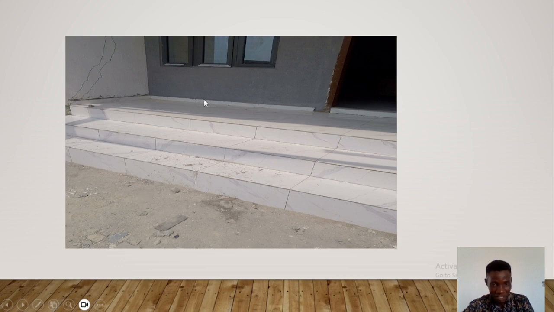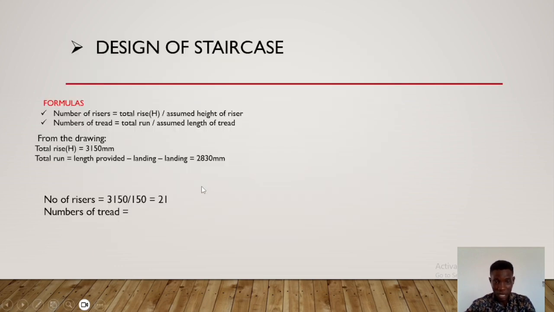So count how many risers we have here: 1, 2, 3, right? Before we have another landing. So how many thread do we have? One. This is not a thread, it's a landing. 1, 2 thread. If you are having a landing in between, landing is different from thread. You don't regard a landing as a thread or as a bigger thread. Just know it that way, that's the way I've explained it.